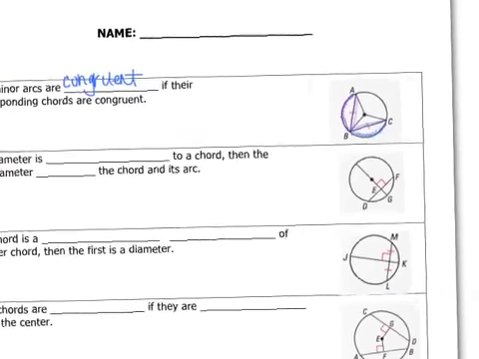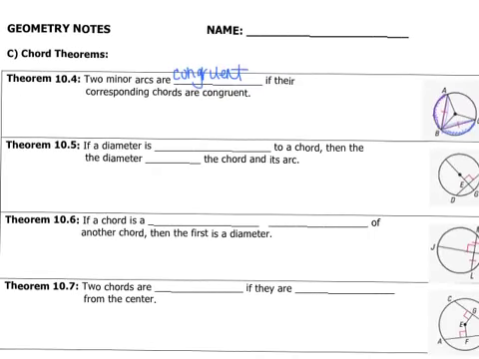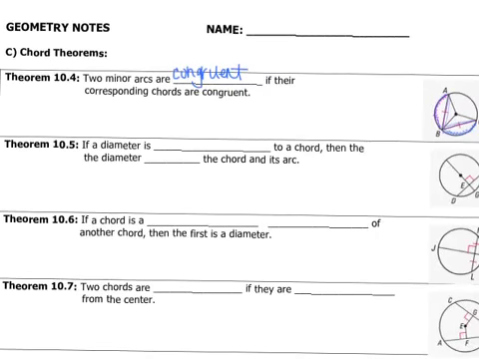The second one says if a diameter is perpendicular to a chord, then the diameter bisects the chord and its arc.